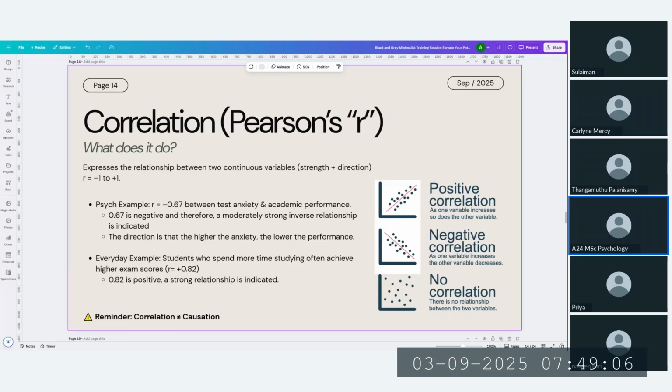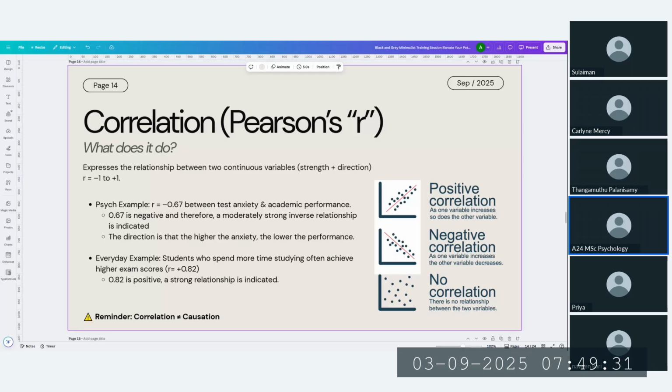These are actual numbers from real studies. They did a study of students and found that there is a -0.67 R value. That means it is an inverse relationship. So they tested anxiety and academic performance. Higher anxiety means lower academic performance.